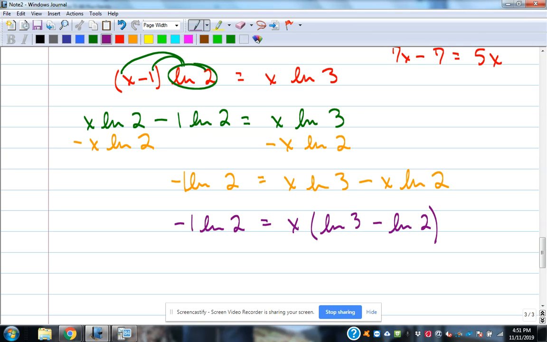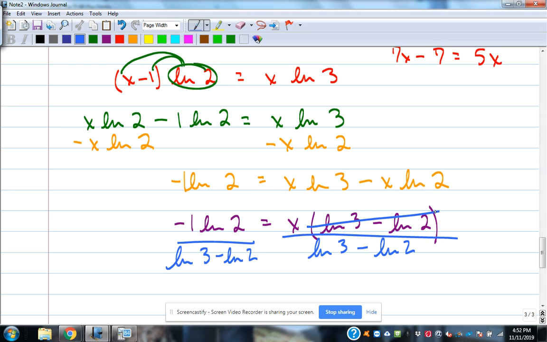Yeah, that's exactly it. So the opposite of multiplication would be division. So we're going to divide both sides by this weird number that's there. It's just a weird looking number, but it's a number. So I'm going to divide both sides by natural log of 3 minus natural log of 2.